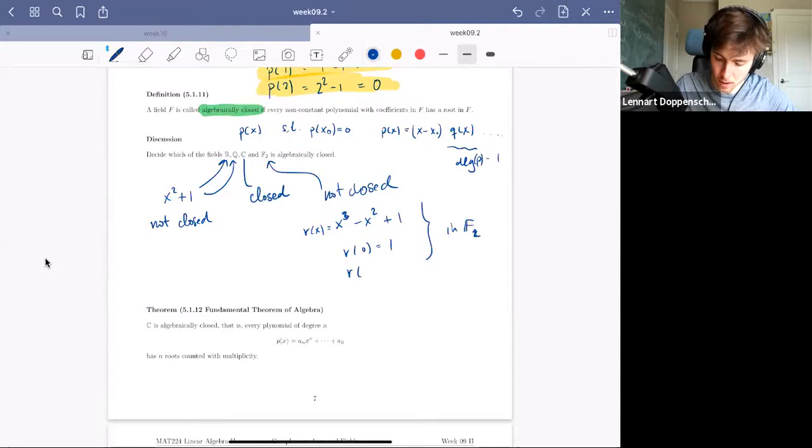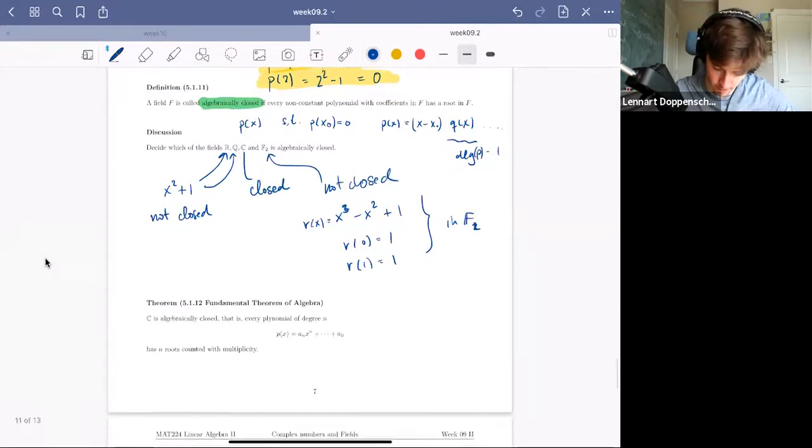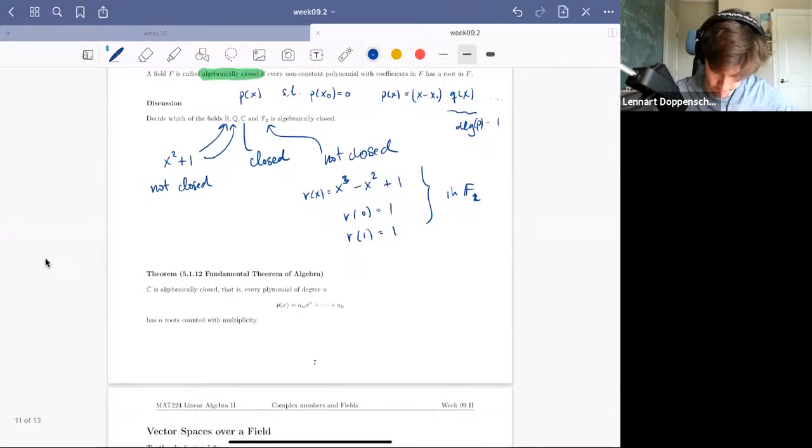And p of 1 is equal to 1 minus 1 plus 1, so this is also 1. So this has no roots in F2. Well, the theorem below is just proving this fact.